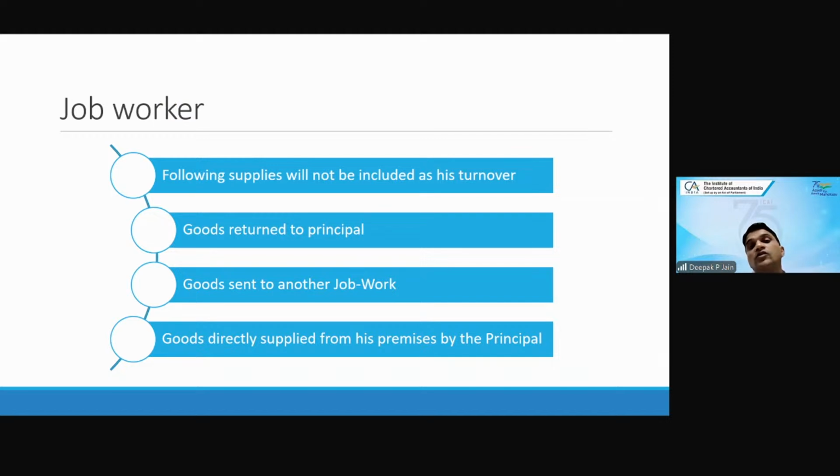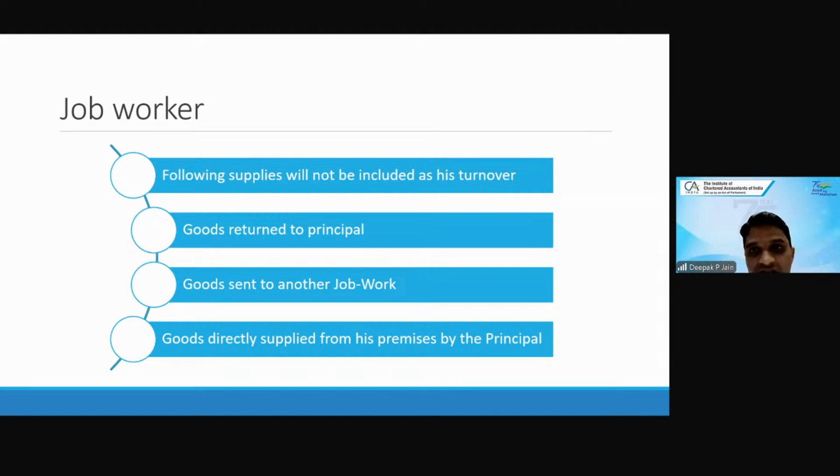So what will be the turnover of a job worker then? Imagine the profit and loss account of a job worker. What will appear on the credit side of the P&L account? Correct, Niketana. Whatever is his job working charges, not job working commission, Ajay.